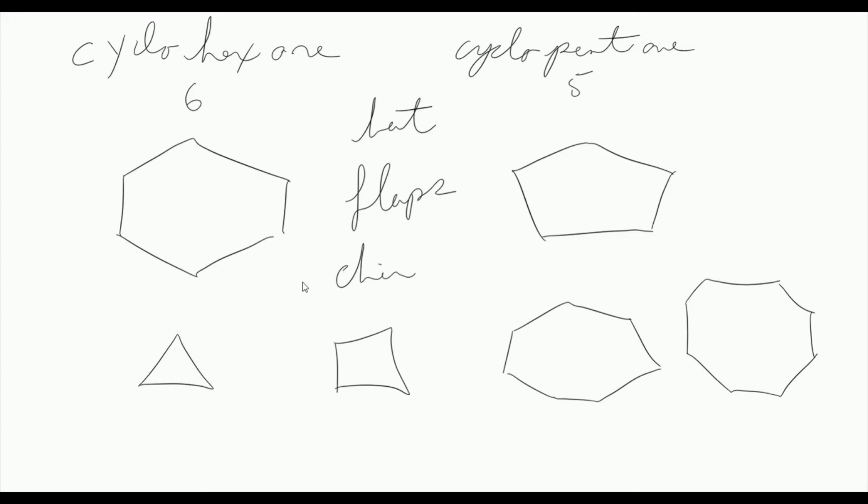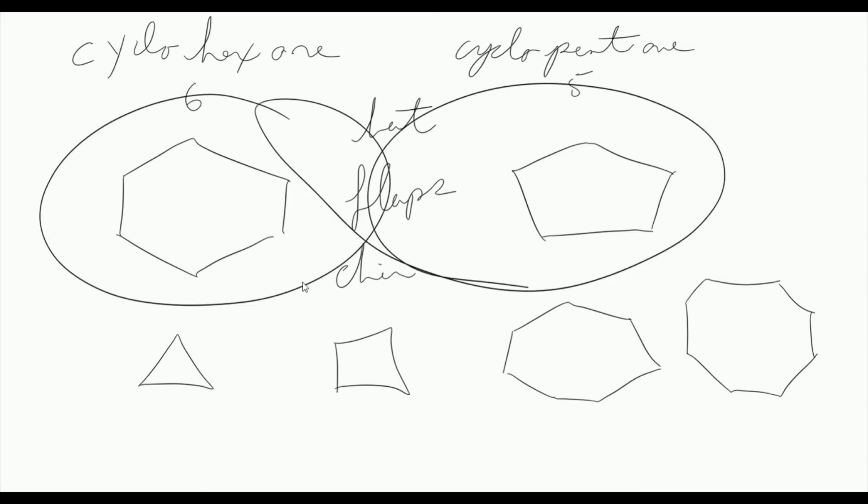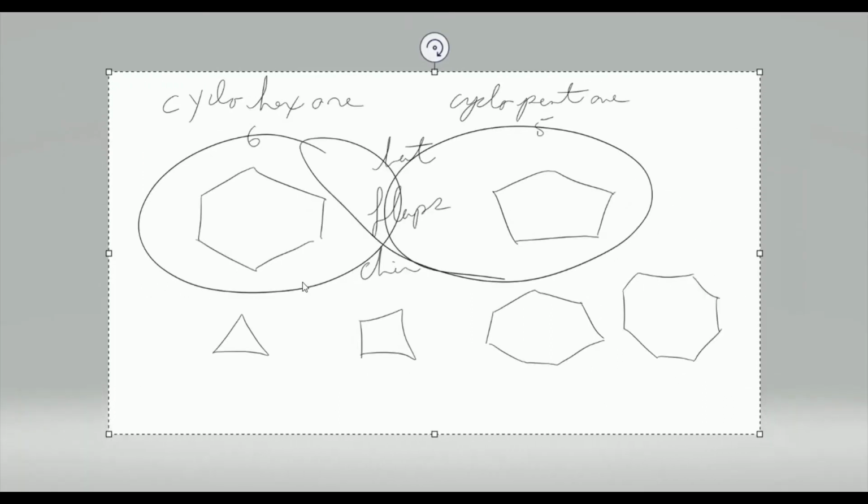Cyclooctane, an octagon, would be a stop sign, and so on. It's just a matter of extending what you already know. But these two, cyclohexane and cyclopentane, those are the biggies. Those are the ones you really need to focus on because they show up a lot. But be ready to draw any sort of ring. Okay, moving on.